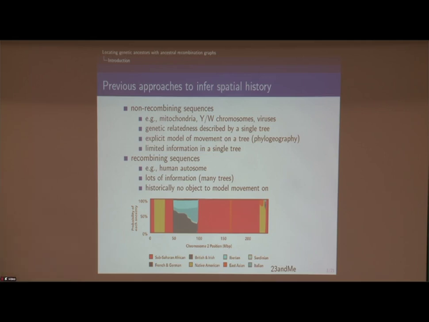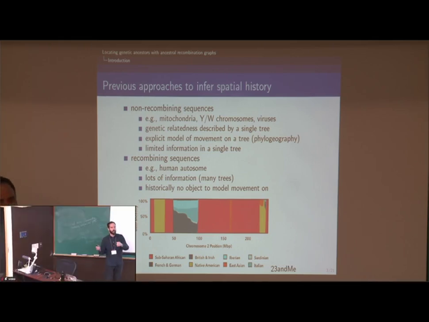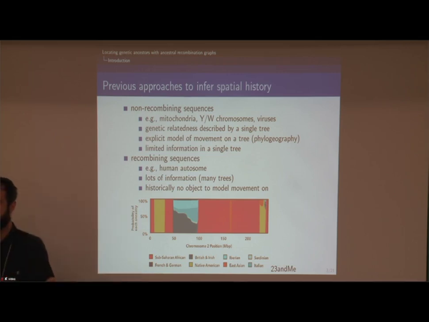For instance, 23andMe's ancestry composition. It'll take your genome and compare it to a reference panel from a bunch of discretized locations and say, which populations are you most similar to? You can then make a statement saying like 25% of your genome comes from Ireland. And that's kind of something about spatial history of the sample, but because there's no explicit model, it's a little vague, right? When was 25% of your genome in Ireland?